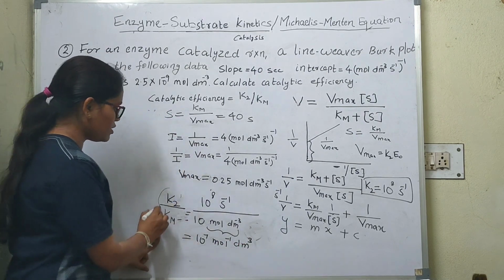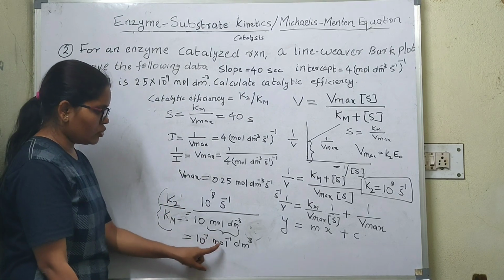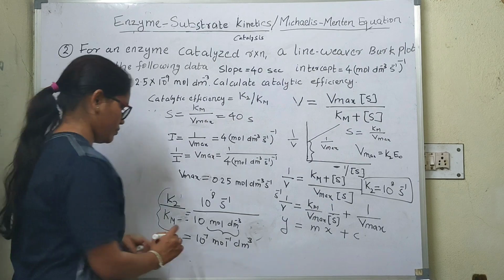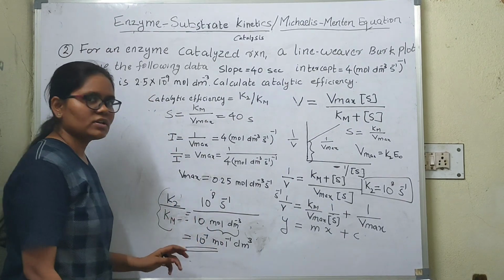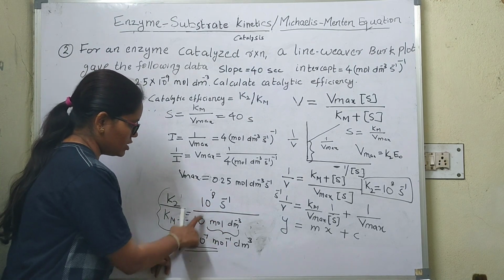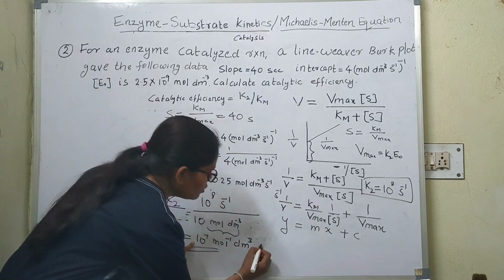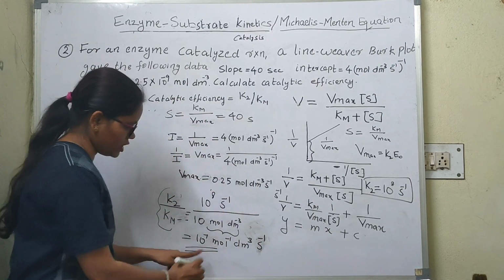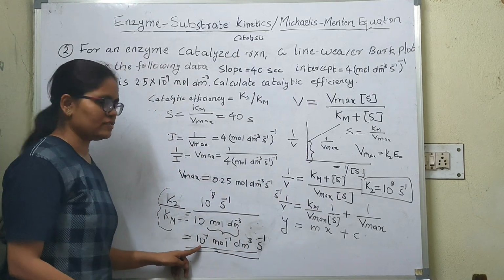So this is the value of catalytic efficiency. Sorry, this unit second inverse is missing here. So it becomes 10 power 7 mole inverse decimeter cube second inverse. So this is the value for catalytic efficiency.